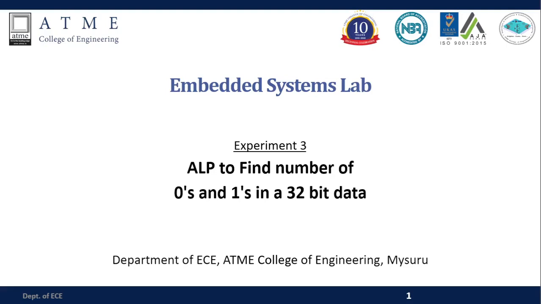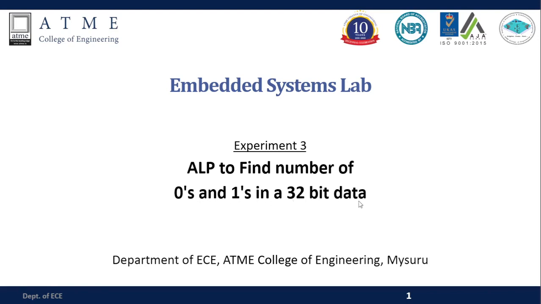Hello everyone. So this is a recording to discuss the working of experiment number 3, that is specifically the experiment to write an assembly level program to find the number of zeros and ones in 32-bit data.